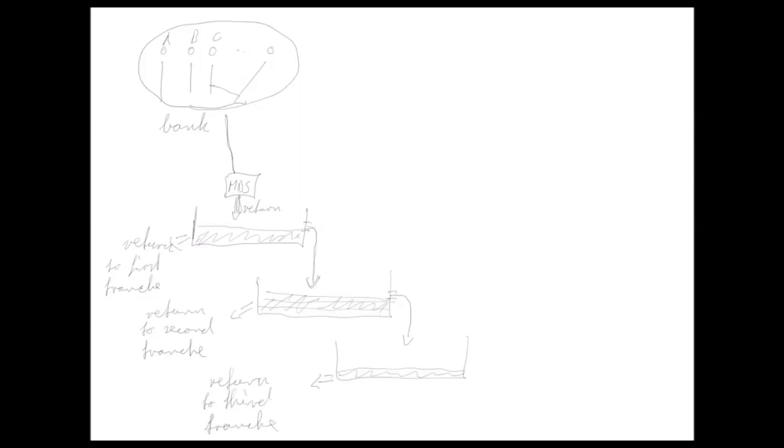Now, what is the idea here? The idea is that if some of these people over here start to default, let's say B starts to default, that will reduce the returns a little bit over here in the mortgage-backed security. So a reduction in return.